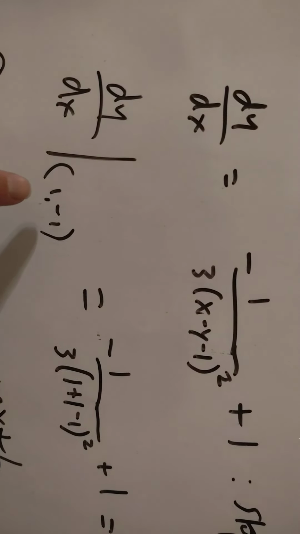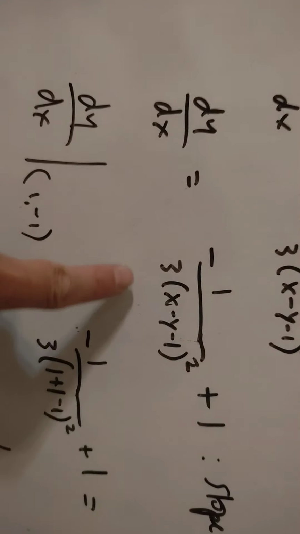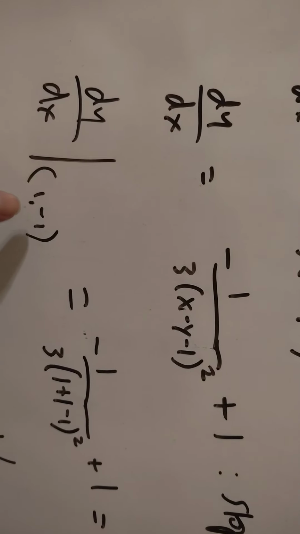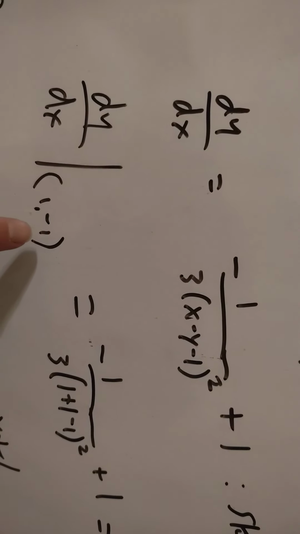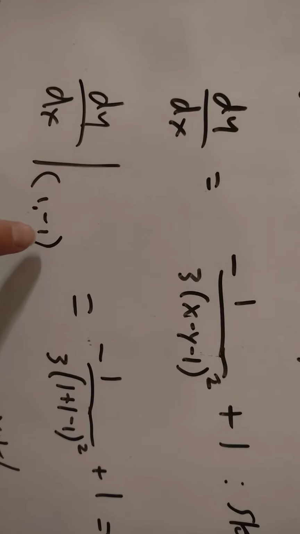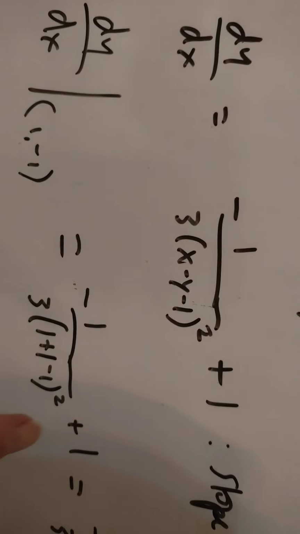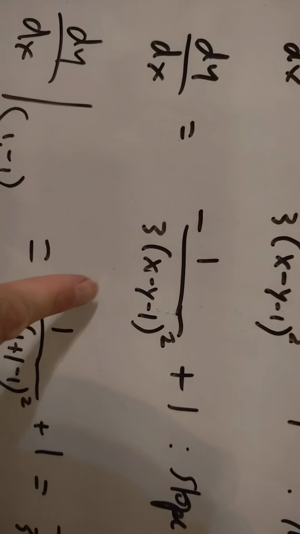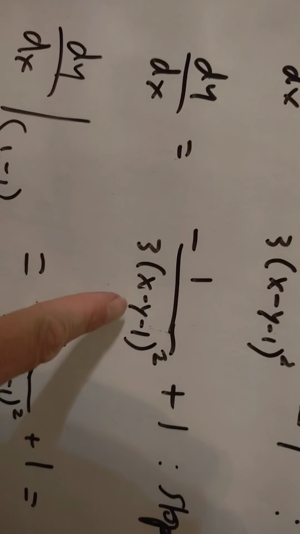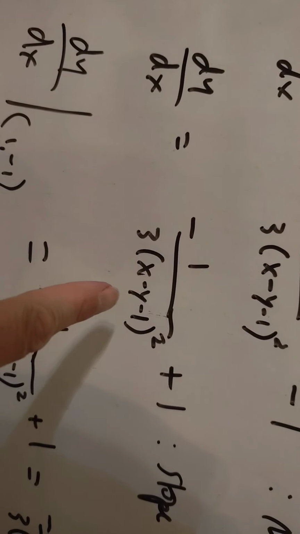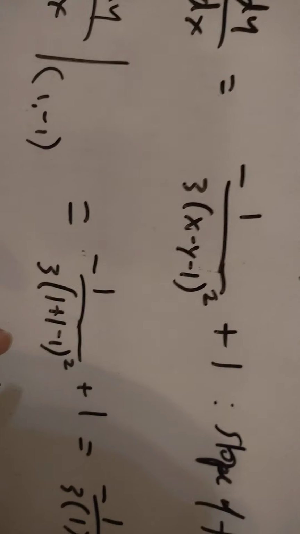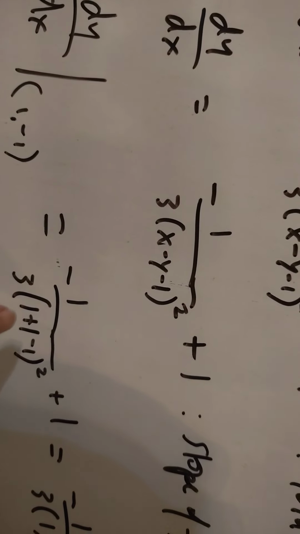So wherever you see an x in your dy/dx answer, you're going to write 1. Wherever you see a y, you're going to write a -1, because all points are (x, y). So notice here, I wrote a 1 because x is 1. And then minus y. Since y is a -1, what's minus a -1? Plus 1. That's why I wrote plus 1 there.